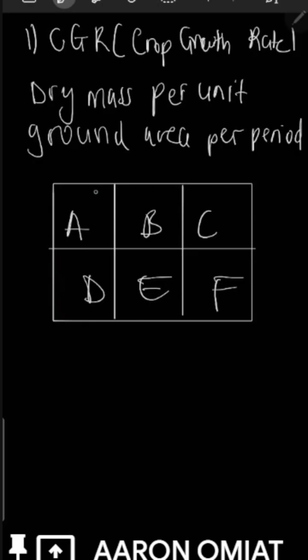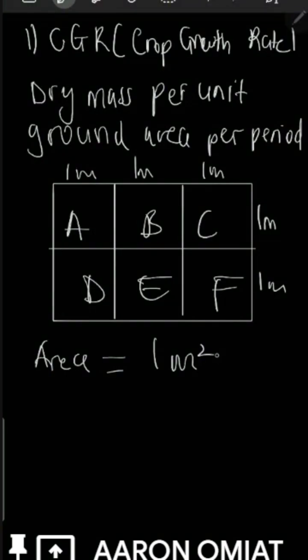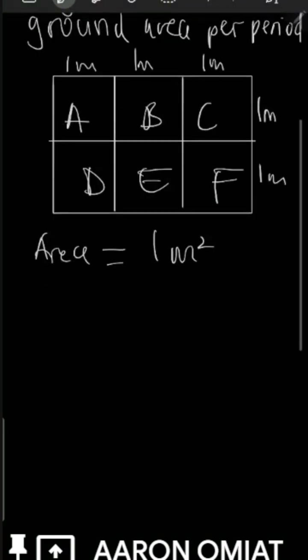And we say, let's assume each of these plots is 1 meter by 1 meter. That means the area of each plot is 1 meter squared. So we grow our maize in the whole garden. Same maize, same conditions, same everything.